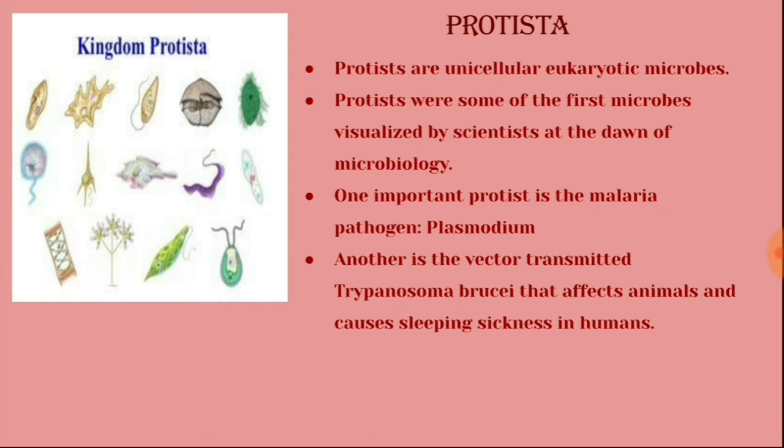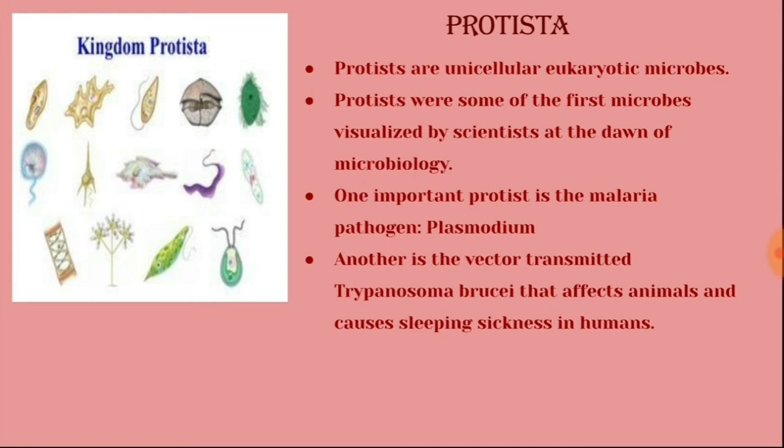So protists were the first microbes which led to the very big study on microorganisms, which is microbiology. One of the important protists is the malarial pathogen, Plasmodium, which has caused millions of deaths worldwide annually. Another is the vector-transmitted Trypanosoma brucei that affects animals and causes sleeping sickness in humans also.